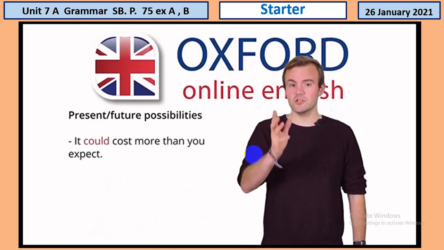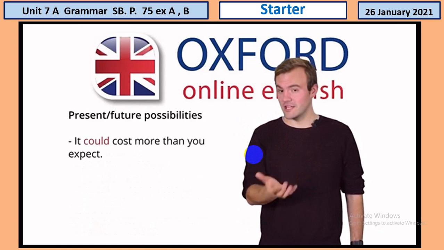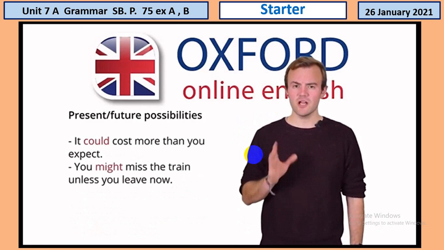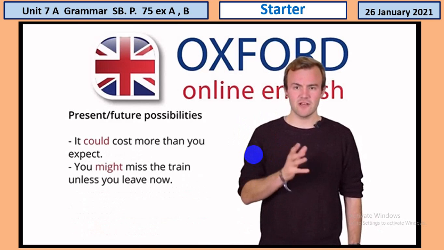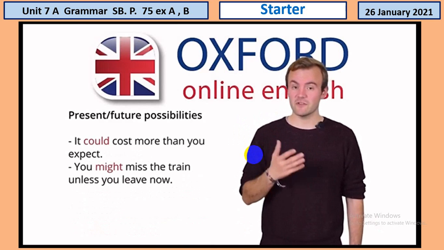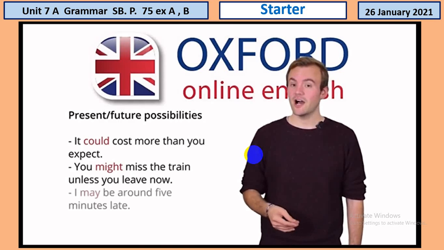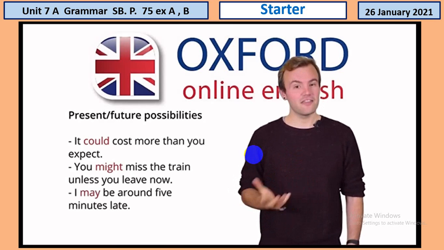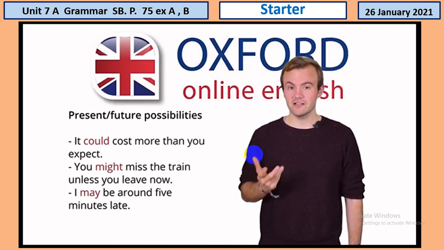It could cost more than you expect. I think it's possible that it will cost more than you expect. You might miss the train unless you leave now. I think it's possible that you'll miss the train if you don't leave now. I may be around 5 minutes late. I think it's possible that I'll be a little late.